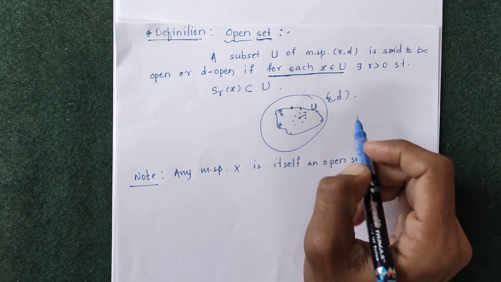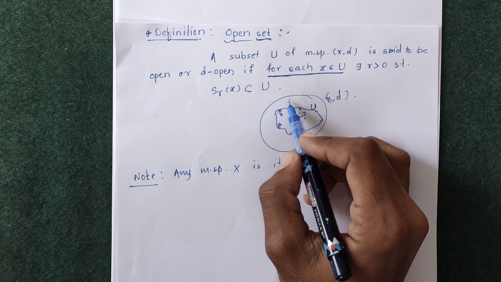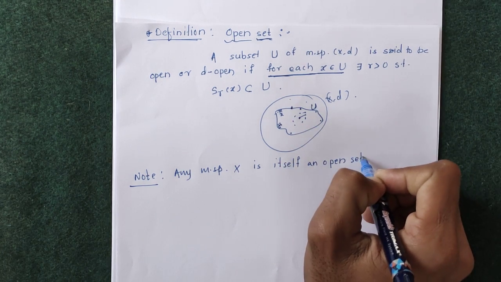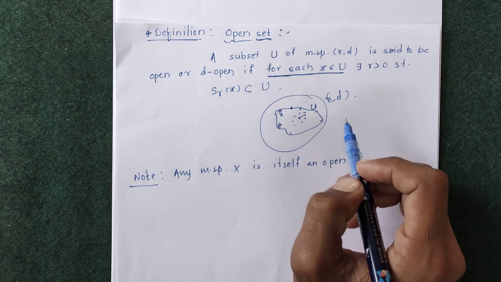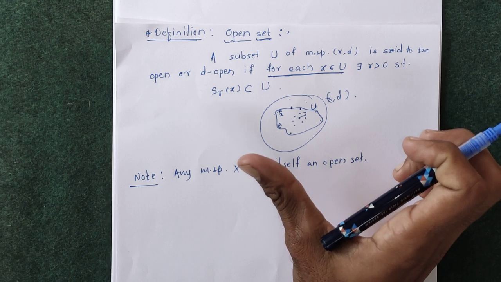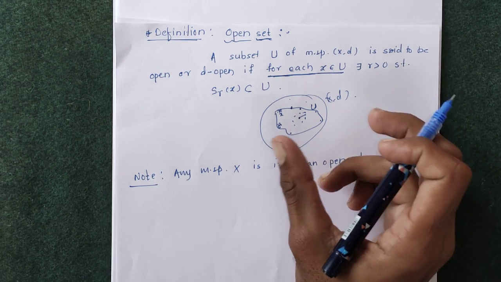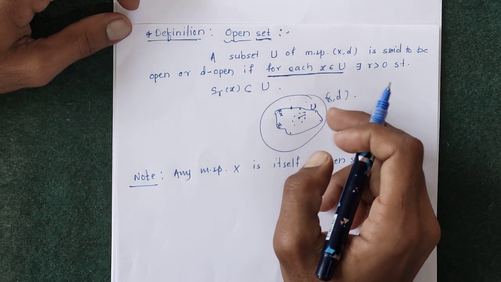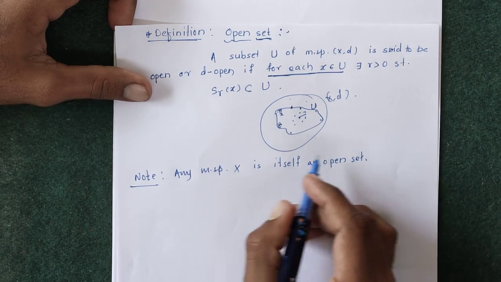Then for every element of this set X, we can find a radius r greater than 0 such that S_r(x) is contained in the metric space. For every element of that metric space we draw the open sphere, and that open sphere must totally lie in that metric space. So the metric space is also an open set.